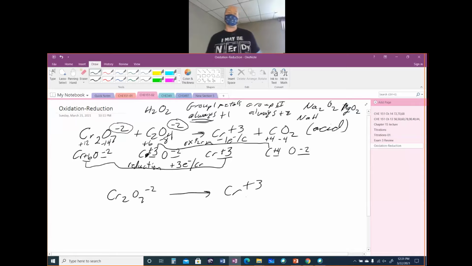All right, so the first thing we have to see is that we're going to balance everything that is not hydrogen or oxygen, which means we're going to balance the atom changing oxidation number. So you see that we have 2 Crs that are +6. On the right, we only have 1 Cr that's +3. If you have 2 Crs on the left, you must have 2 Crs on the right.